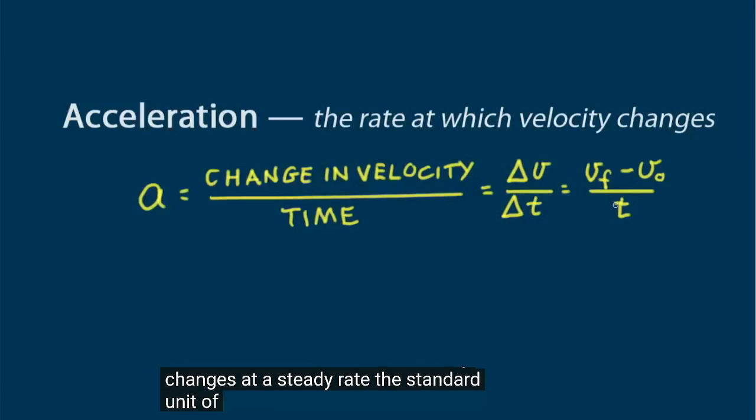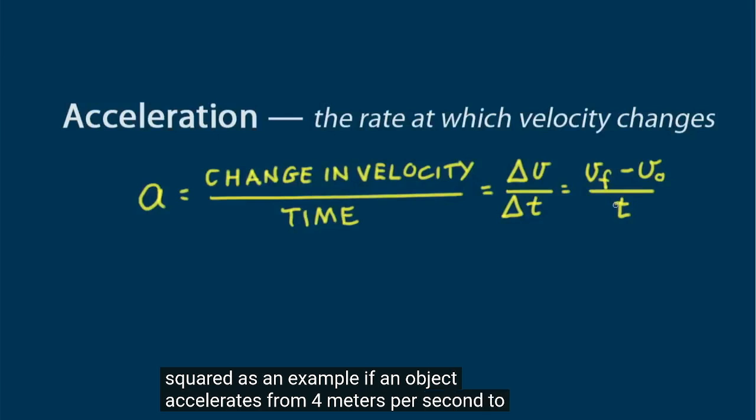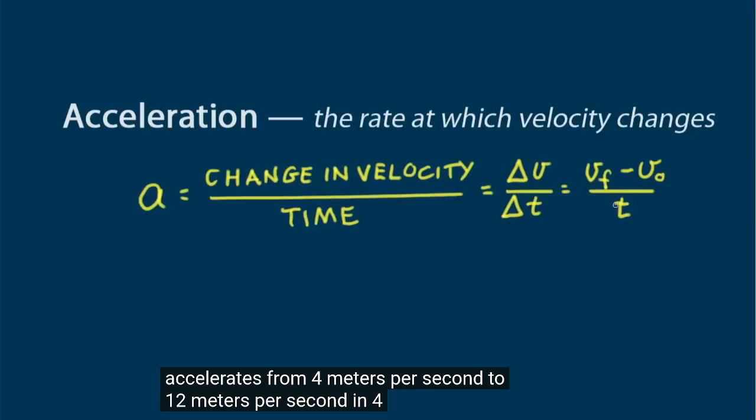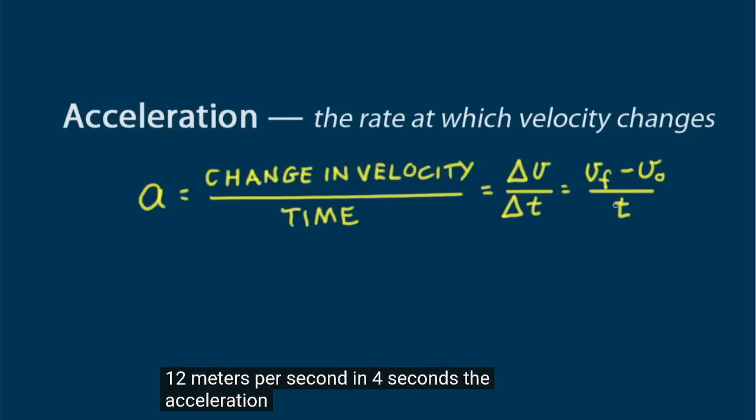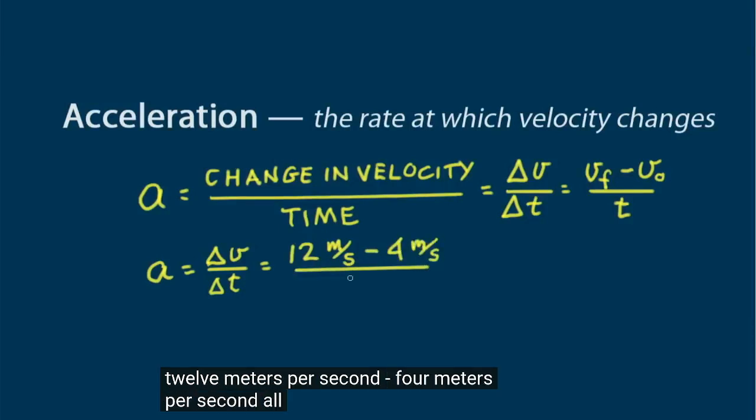The standard unit of acceleration is meters per second squared. As an example, if an object accelerates from 4 meters per second to 12 meters per second in 4 seconds, the acceleration would be a is delta v over delta t, 12 meters per second minus 4 meters per second, all over 4 seconds.